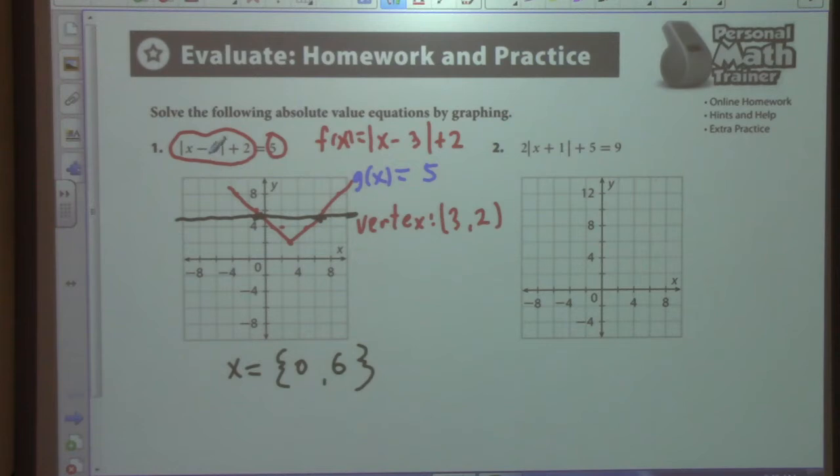Let's test it here. If we plug in 0 minus 3, that's negative 3. But absolute value does what to negative 3? Turns it to positive. So you have 3 plus 2 equals 5. That checks, right? And if we plug in 6, we have 6 minus 3, which is 3. So these are good answers.